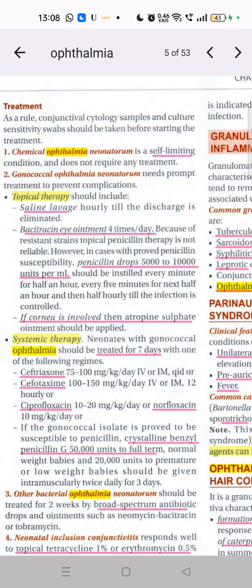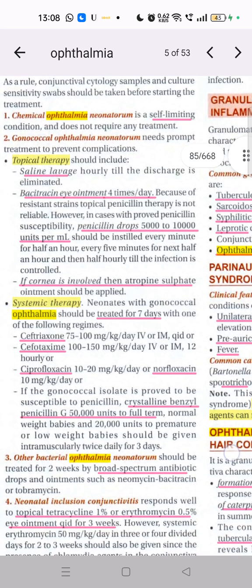Then treatment. So this was prophylaxis, now going to treatment. First of all, if it is chemical, it is self-limiting and does not require any treatment. If it is gonococcal, there is topical therapy and systemic therapy. In topical therapy, we have saline lavage hourly, then bacitracin eye ointment and penicillin drops, and if the cornea is involved, then atropine sulfate.